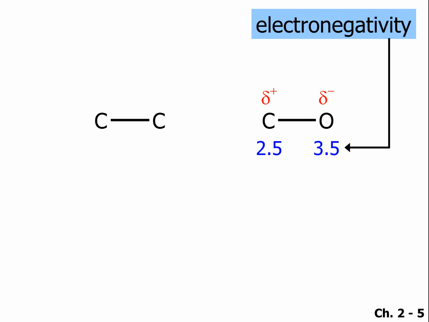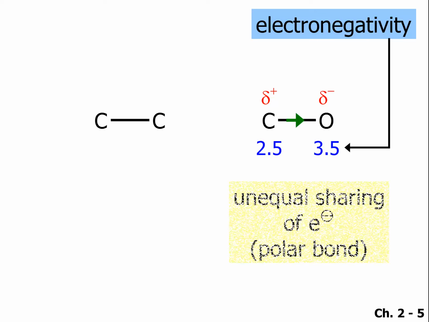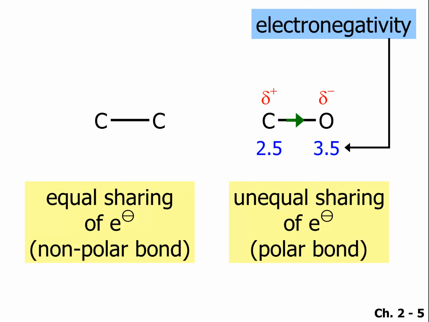And because it's drawing the electrons towards itself, it's going to end up having a partial negative charge. So the bond pulls the electrons towards our oxygen in this case, versus our carbon-carbon bond, where we have equal sharing of those electrons because it's a completely nonpolar bond. Only when we have the unequal sharing do we say we've got a polar bond.